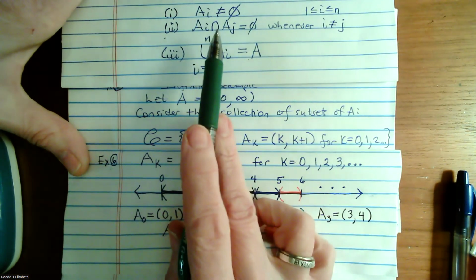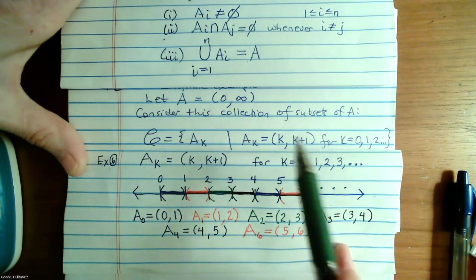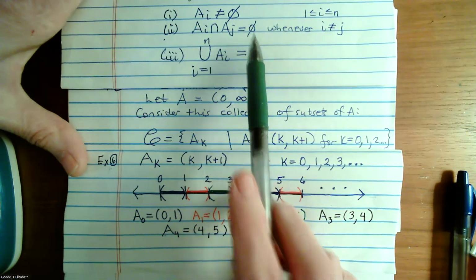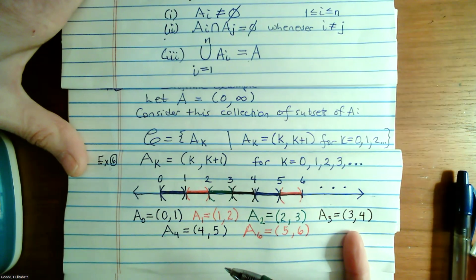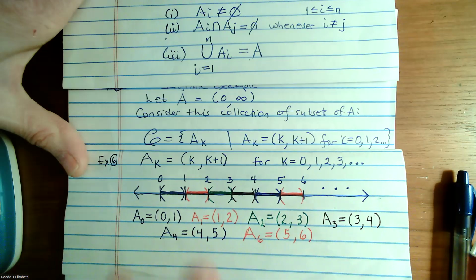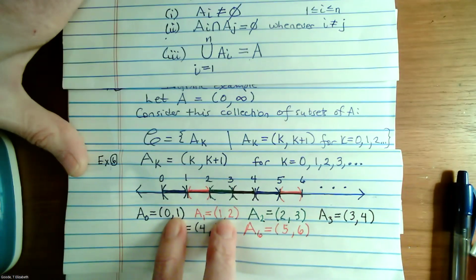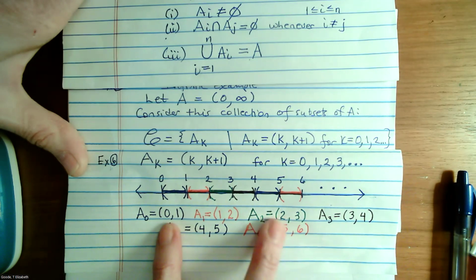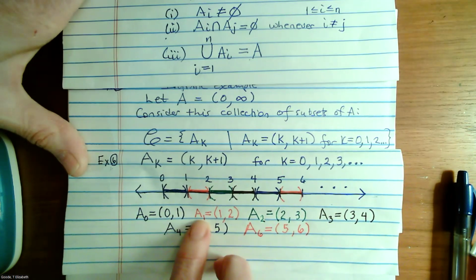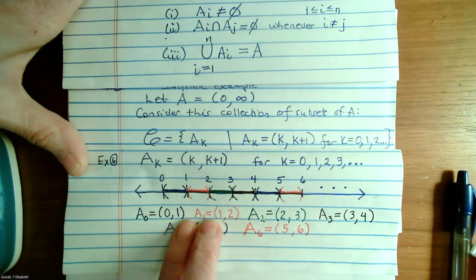Now, are these pairwise disjoint? Is A sub i intersect A sub j empty whenever i is not equal to j? Yes. So how do we argue that? Well, the worst case scenario is if they're consecutive indexing numbers, since that's the closest they could be together.